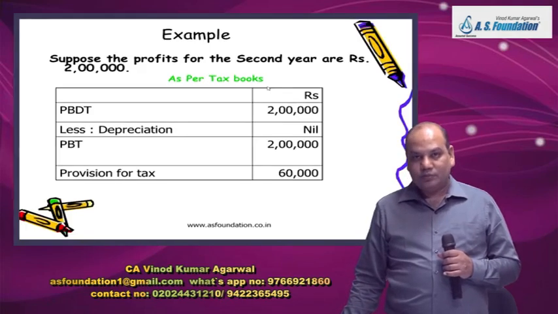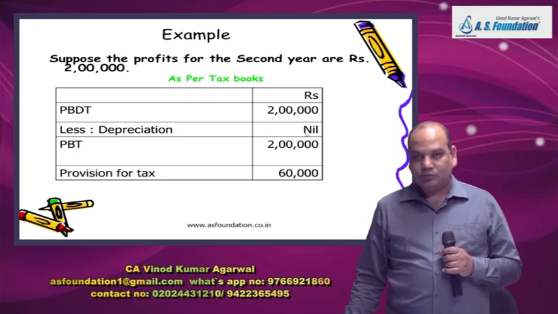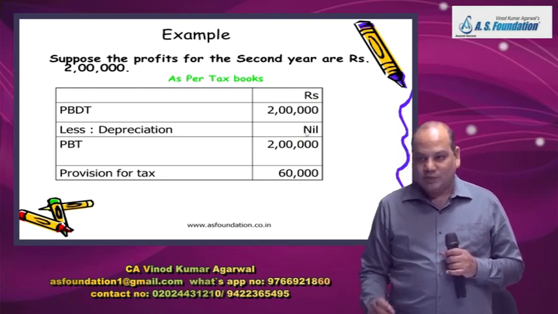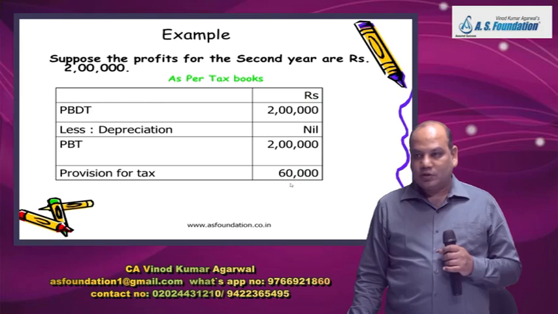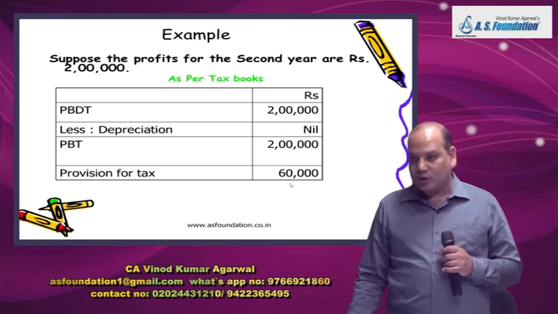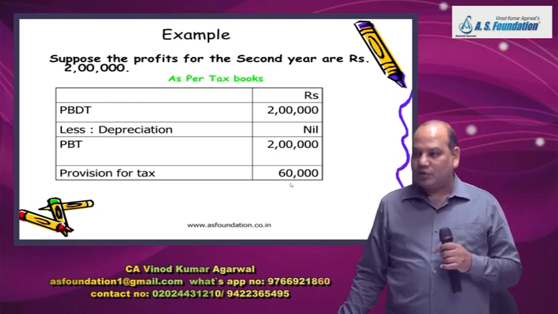Next year what happened? Same income. Next year depreciation as per tax law will be 0 now. You have already claimed it in the first year. So next year my taxable income is 2 lakh and my provision for taxation is 30% of 2 lakh, 60,000. You say that I will provide as per tax law. Okay.